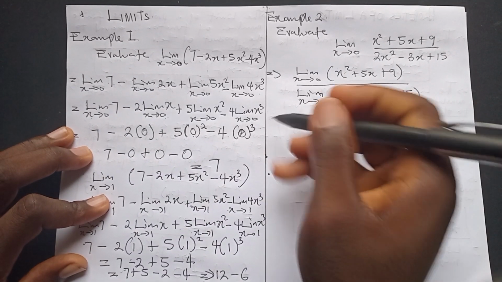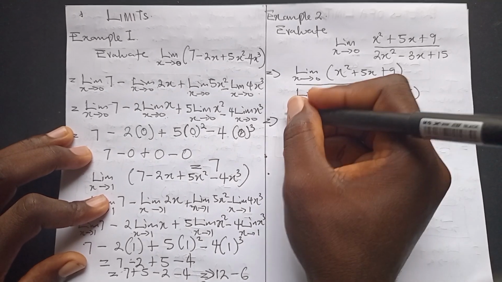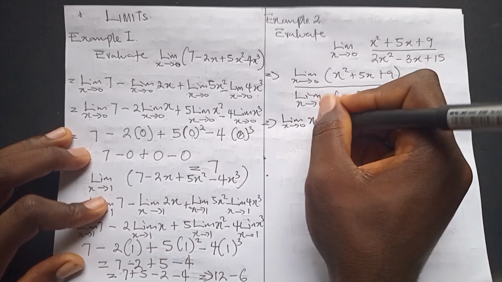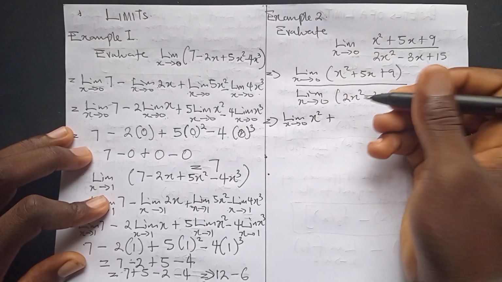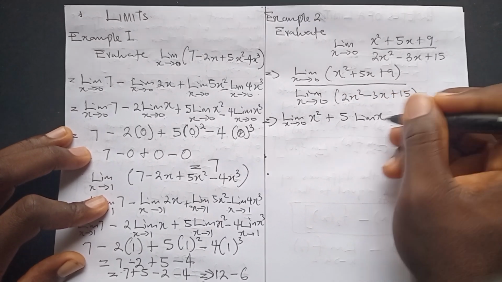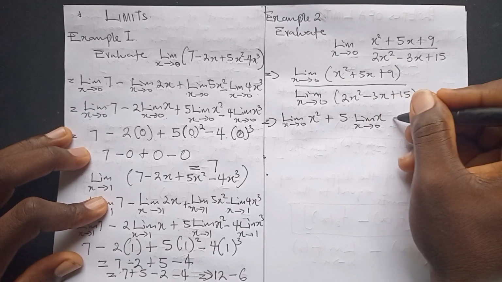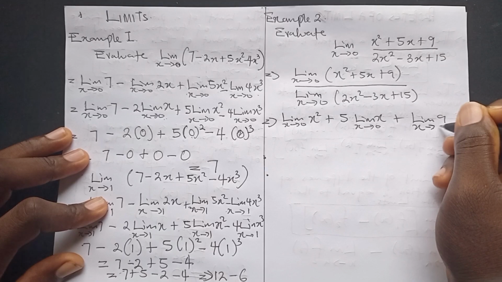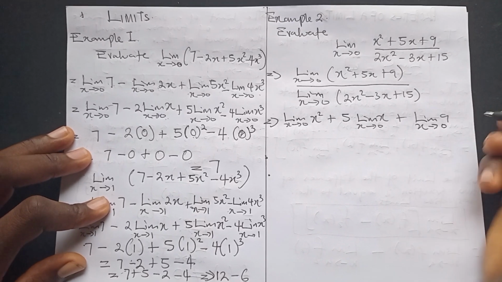So this is equal to lim when x tends to 0 of x squared, plus 5 lim x when x tends to 0, plus lim 9 when x tends to 0.